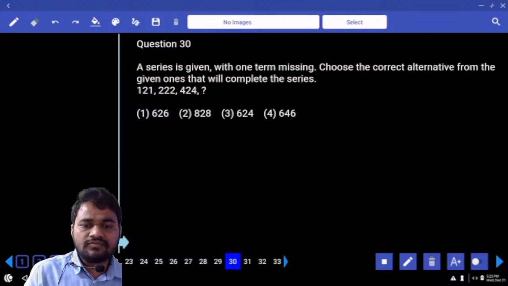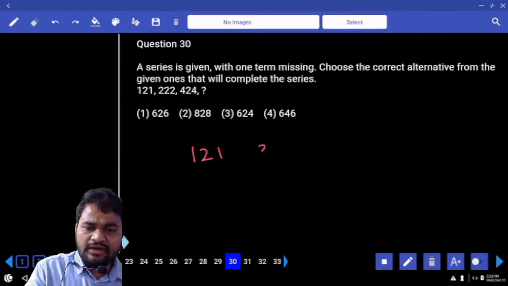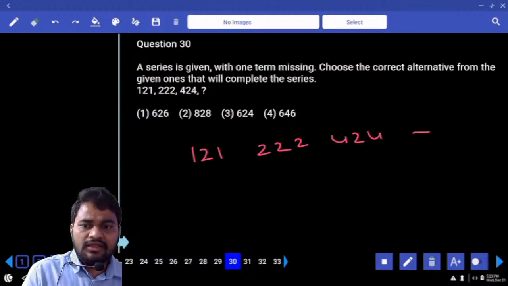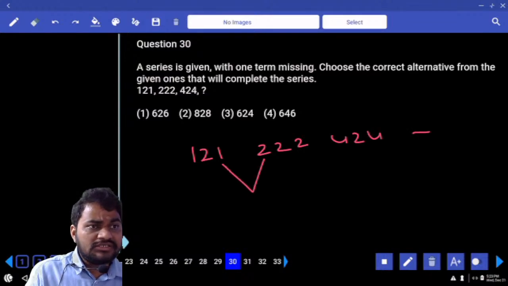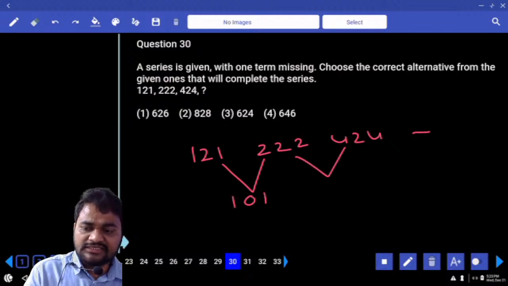Next, 121, 222, 424 and question mark. What is the difference of the given numbers? 101. Next difference is 202.